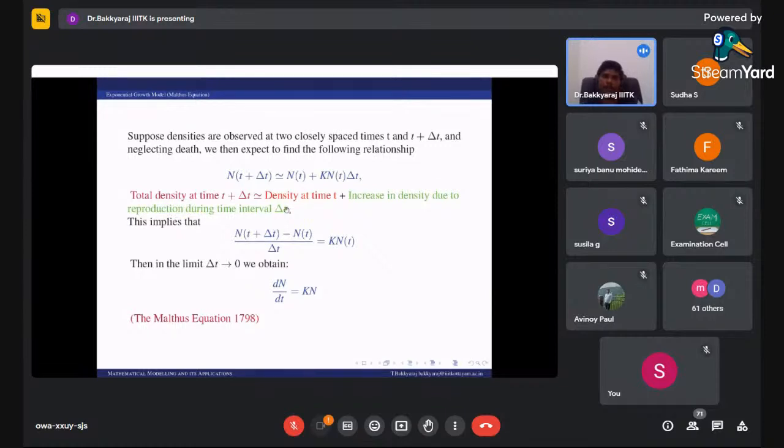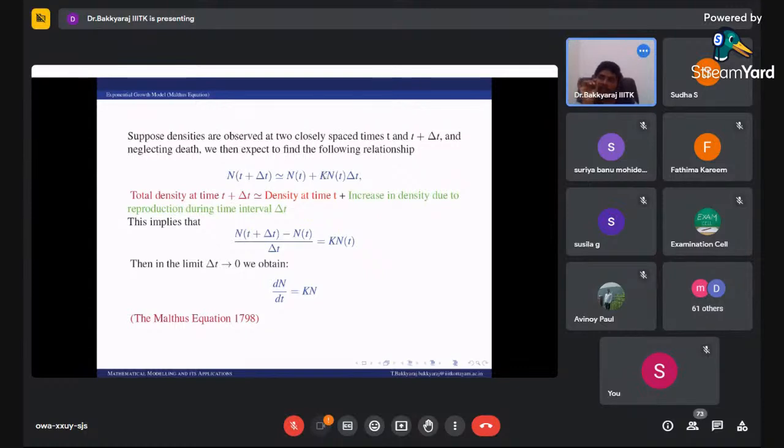N of t, as I already told, represents the bacteria density at time t. Now I want to know the bacteria density at time t plus delta t. At time t this is the bacteria, and we need how many new bacteria over the interval delta t. k is the reproduction rate per unit time.